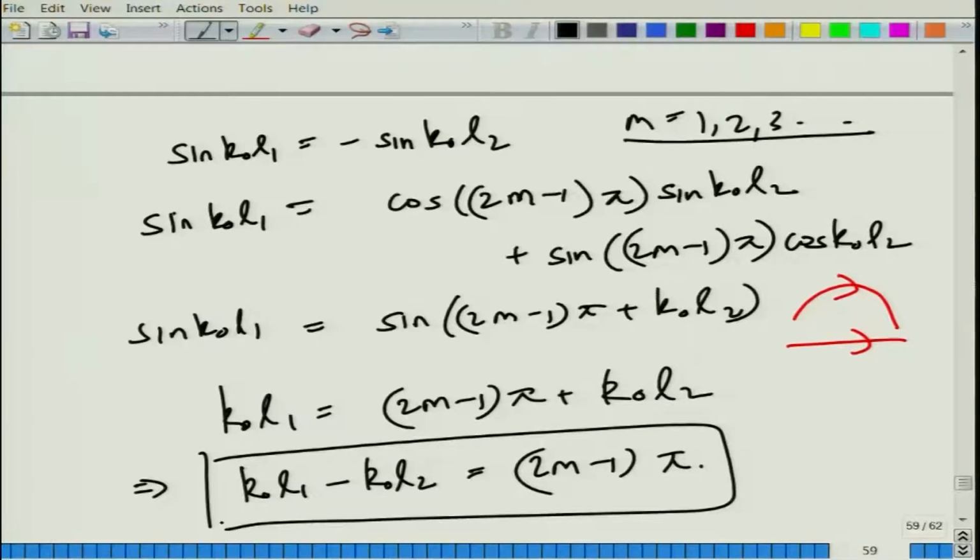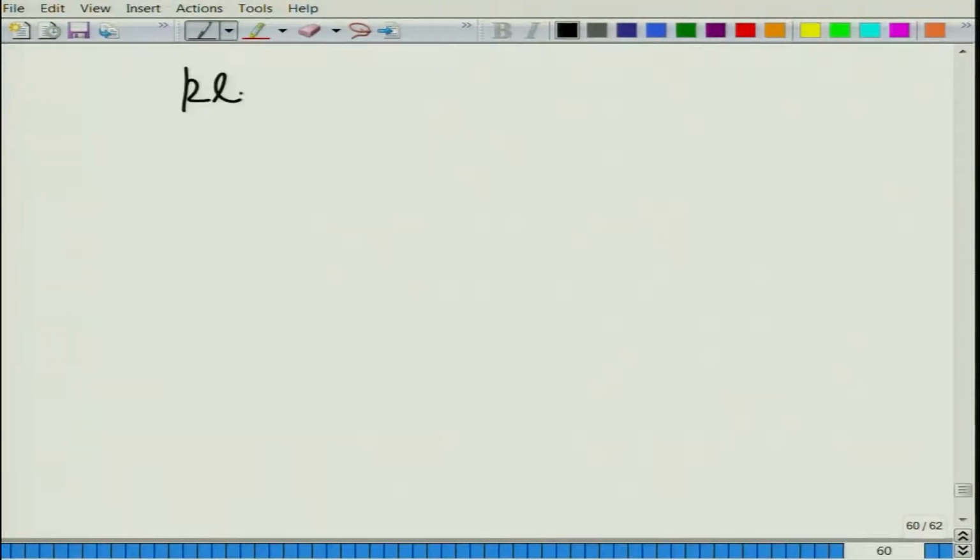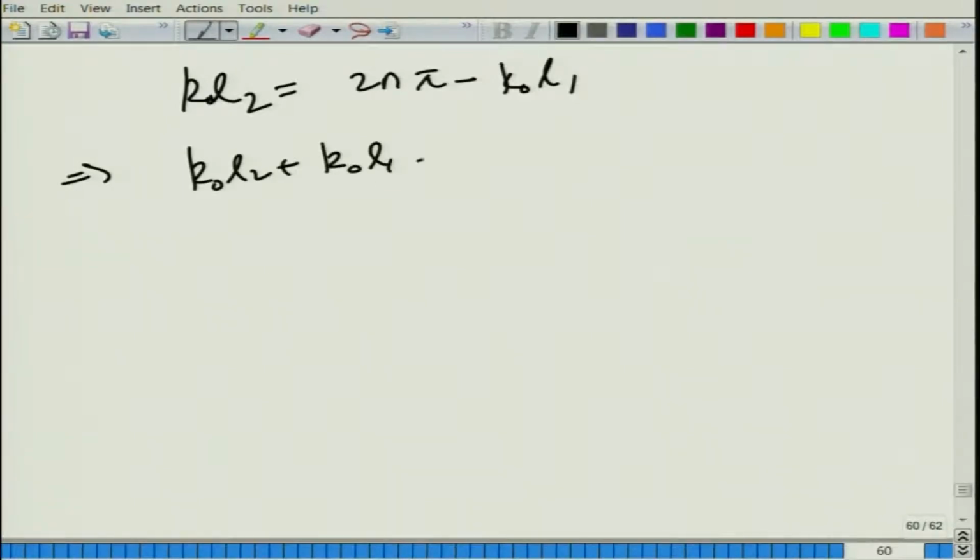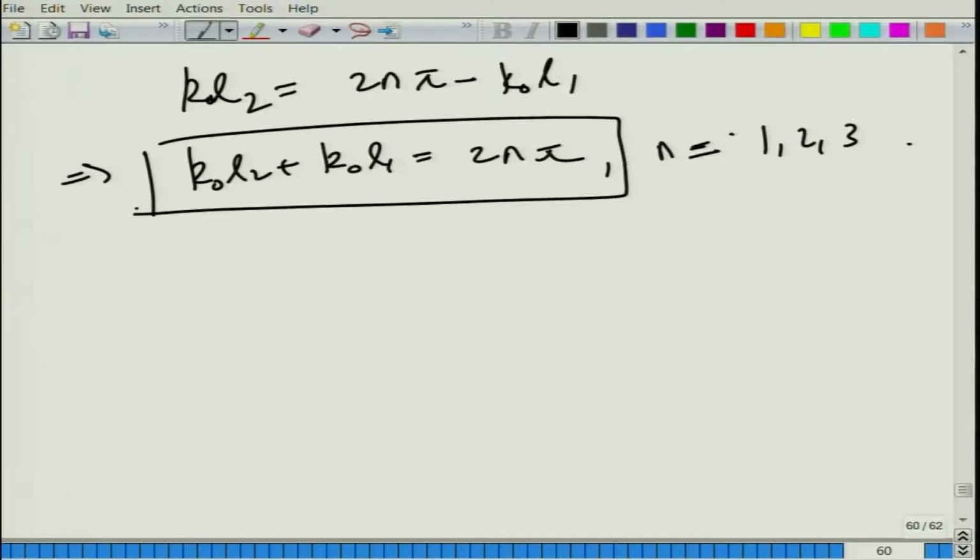Now, another way in which the destructive interference can happen is when K0 L2 is equal to 2n pi minus K0 L1, that is, K0 L2 plus K0 L1 is equal to 2n pi, where n is equal to 1, 2, 3 and so on. This is what you get. How do we get this?